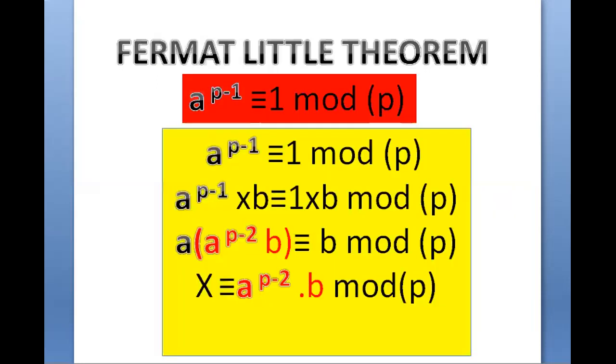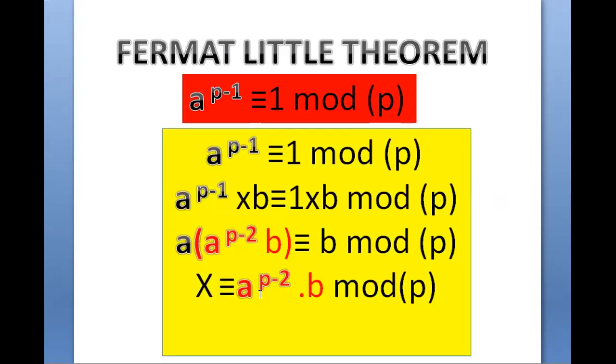And then we look at Fermat's Little Theorem. a^(p-1) ≡ 1 (mod p). We divide by a and then multiply by a back. We get the equation, line 3. So the inverse is a^(p-2) times b.